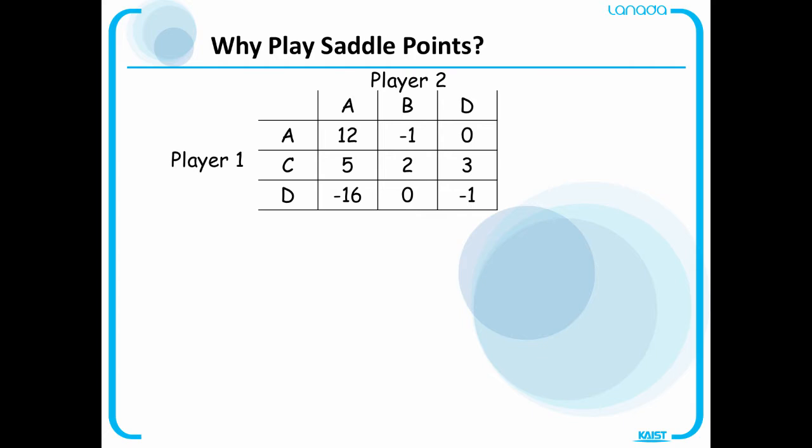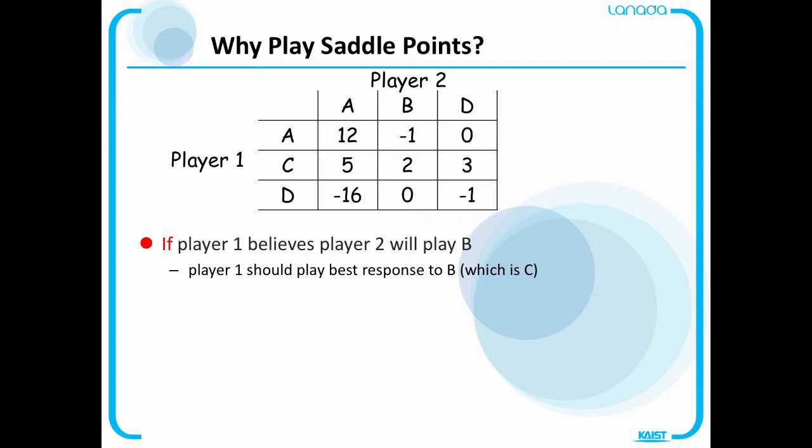We are given the same game. Let's assume that player 1 believes player 2 will play B. Why B? We're going to talk about that later. Suppose player 2 is playing B, then how will player 1 choose the strategy?